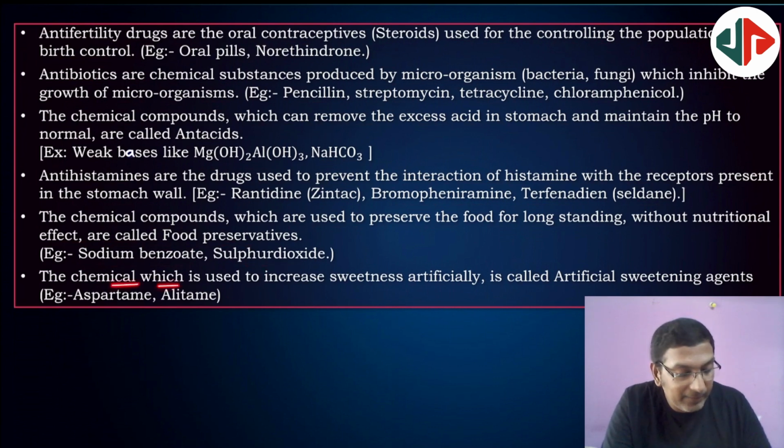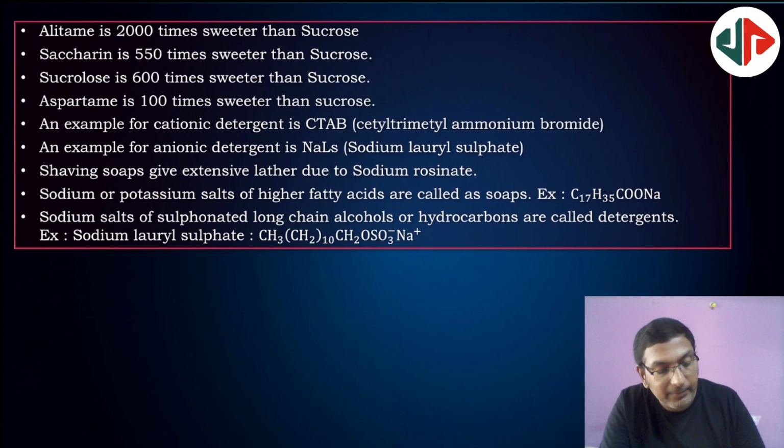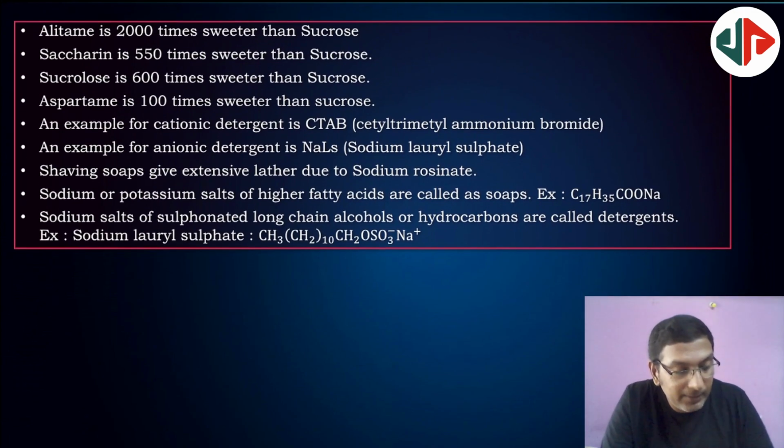The chemical which is used to increase sweetness artificially is called an artificial sweetening agent. Next, alitame is an artificial sweetener which is 2000 times sweeter than sucrose. Saccharin, 550 times.